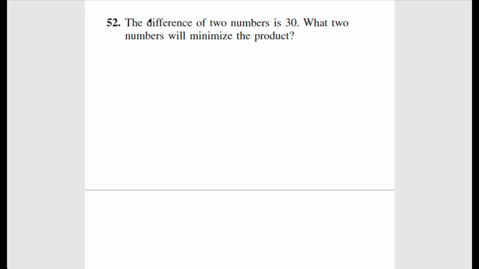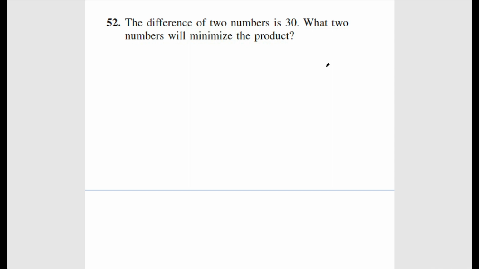So one more time. I'm going to find two numbers so that their difference is 30, but their product is minimum. The smallest product that you can get if you take the product of two numbers so that their difference is 30. This is what the question is about, correct?